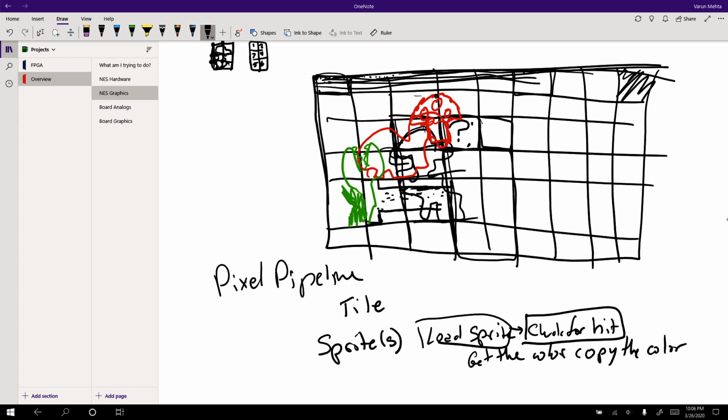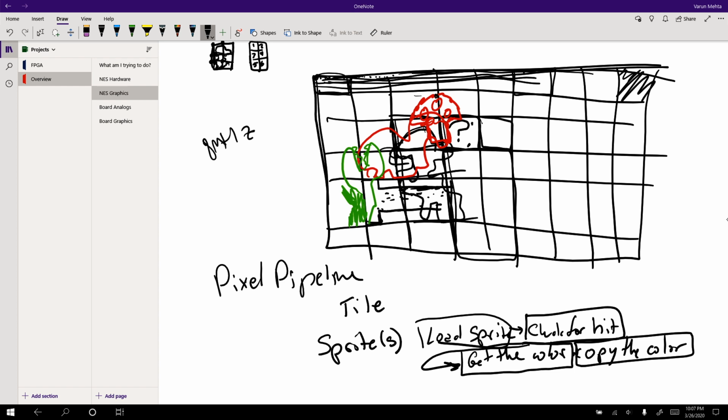And the thing is that even when graphics were simple, you can't do all of these things at the same time. Because remember, these systems work on a clock, let's say it was 8 megahertz.